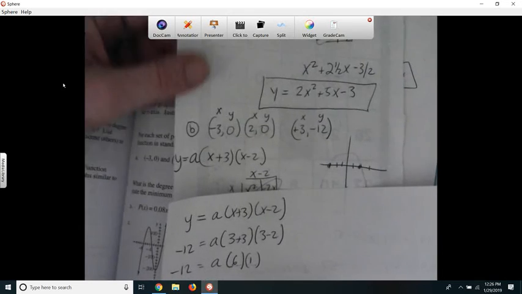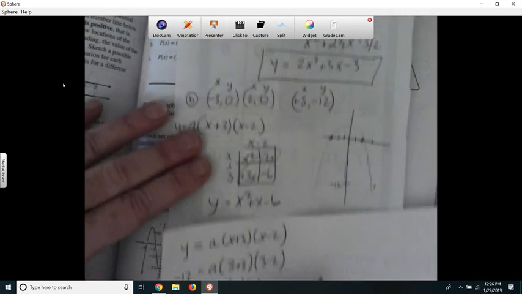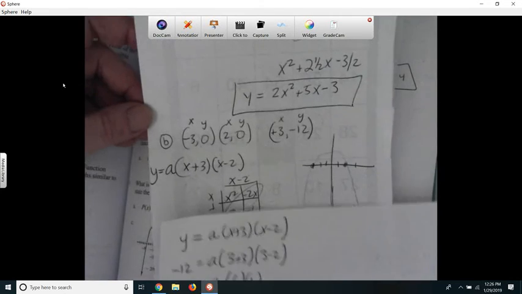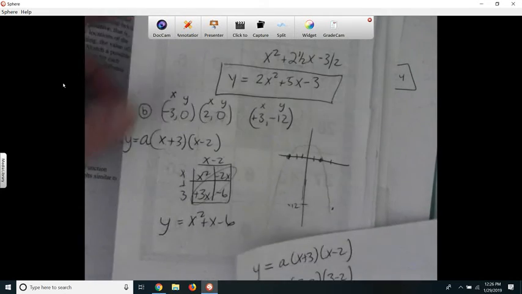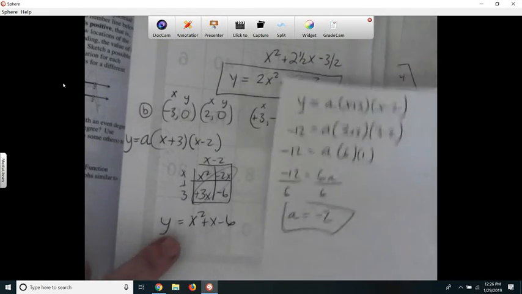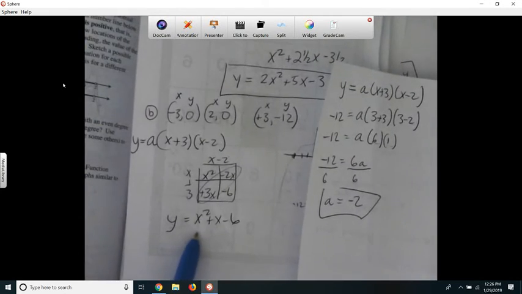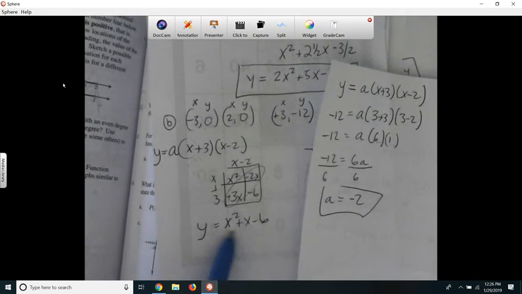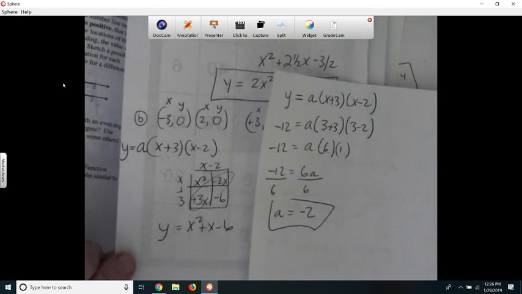Now I wonder if I can somehow use this that I already have. I already did all this hard work, so I think I can just multiply this through by negative 2 since that's my stretch factor.